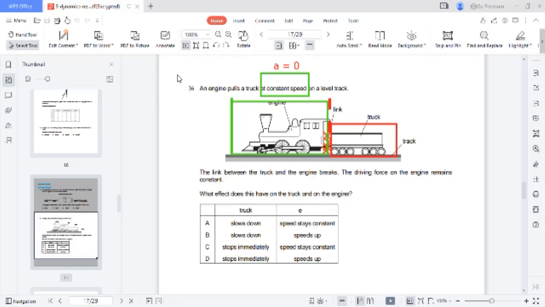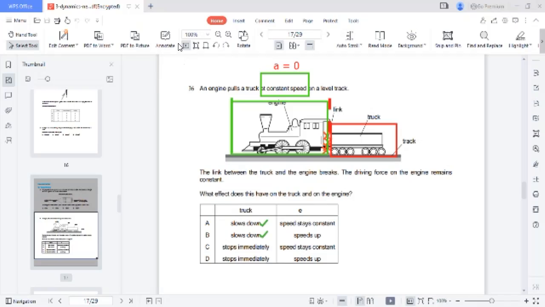So the truck is going to slow down, that's for sure, because immediately it can't stop. Due to inertia it would carry on its motion for a certain amount of time.